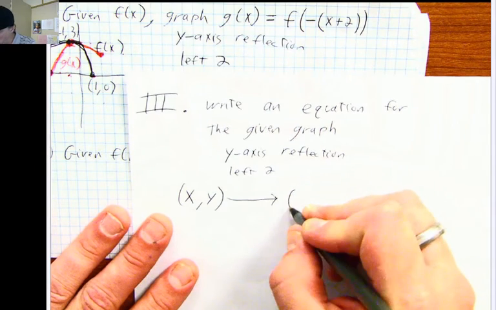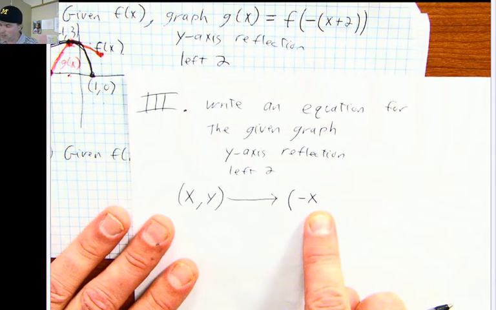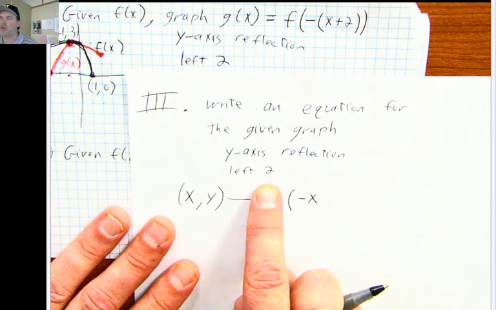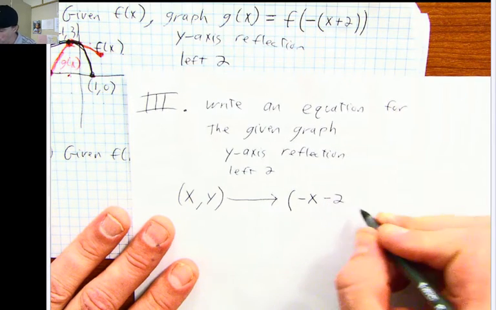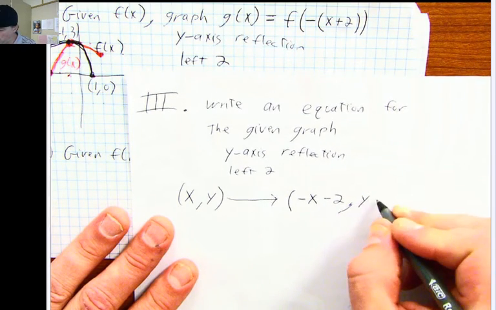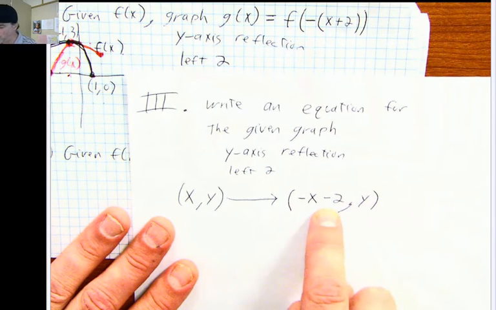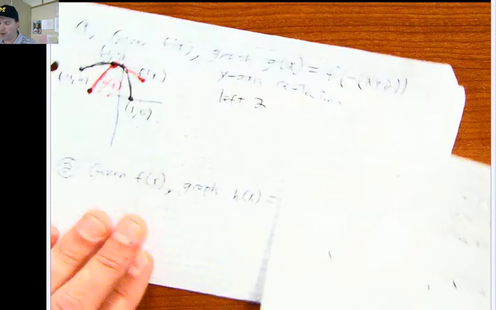So it creates this negative x. And then after that, it goes left 2, and if you're going to travel left, you would subtract. So negative x minus 2, comma, y. First I applied the reflection, then I put on the translation. That's order of operations, just like I did over here with the graph paper problem.